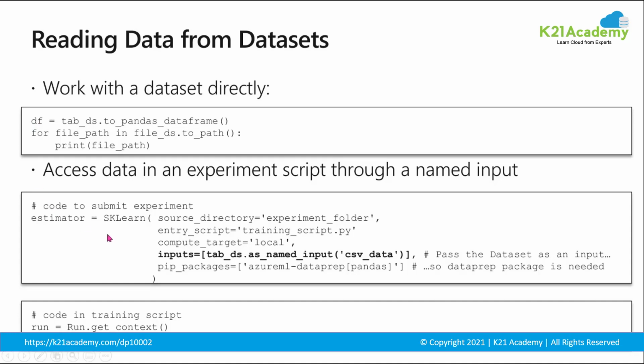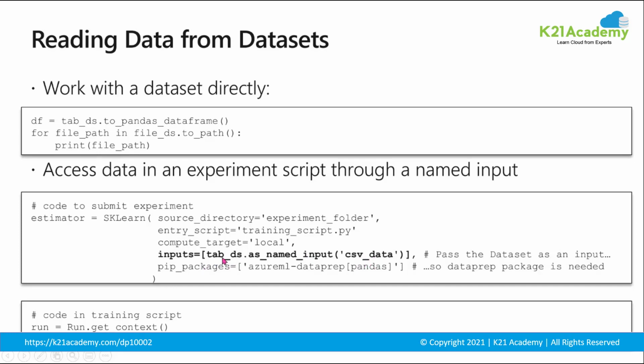And over here in the second step, now if your data is available in a remote location, you have to specify that location to the script somehow. So how do we do that? We basically over here in the estimator can say that input is this dataset called csv_data. So if you read it further, we are saying that tab_dataset is input as named csv_data.